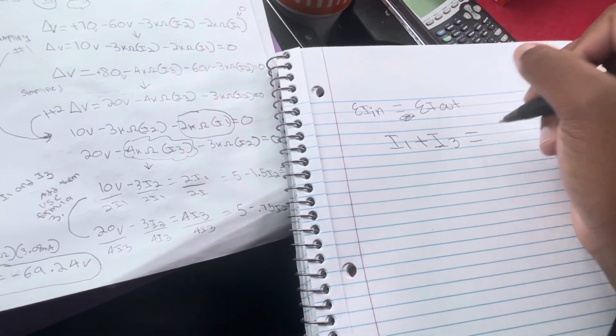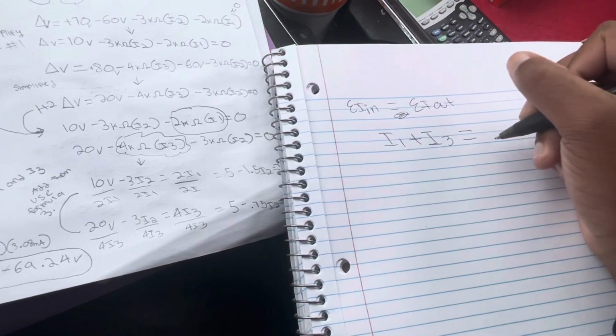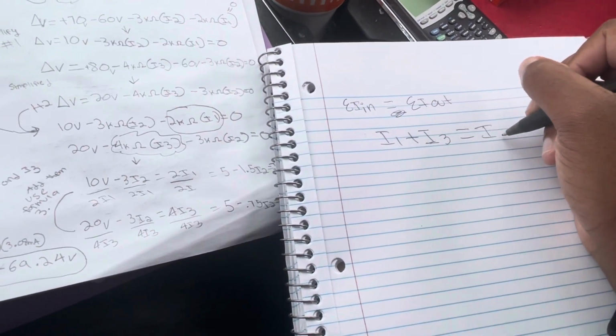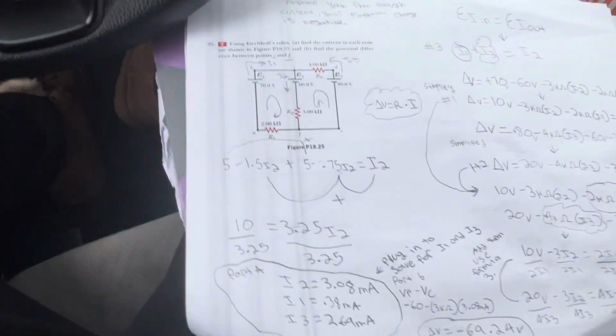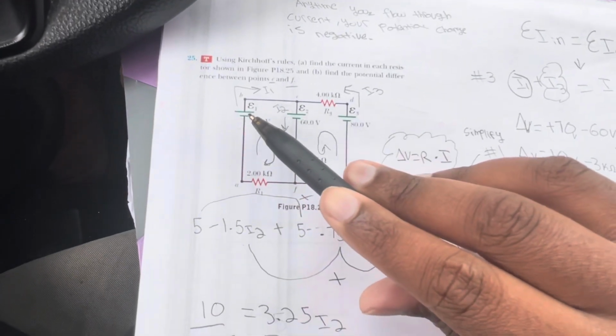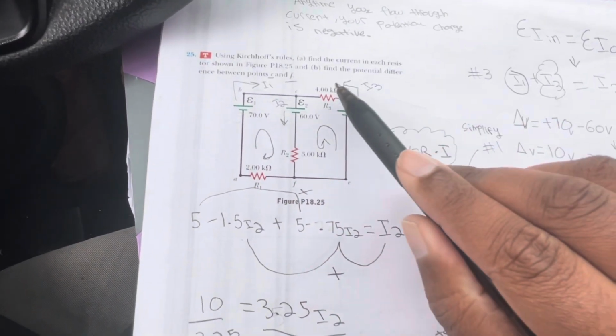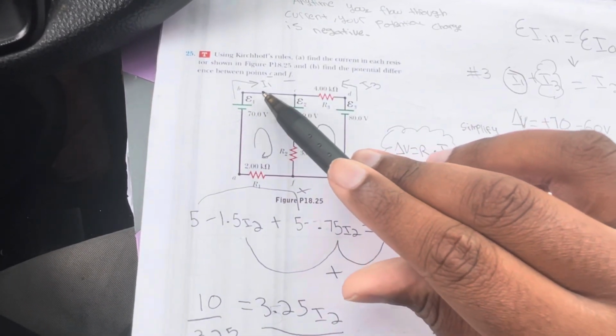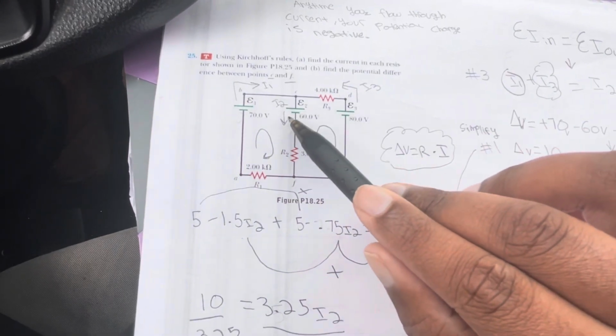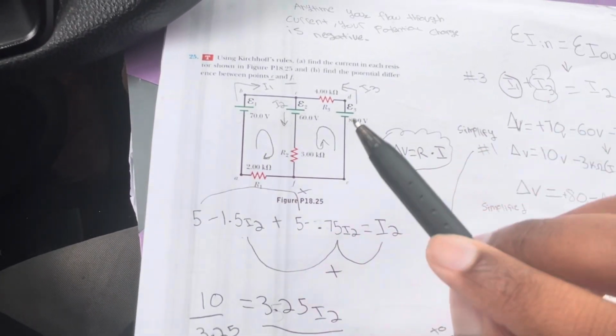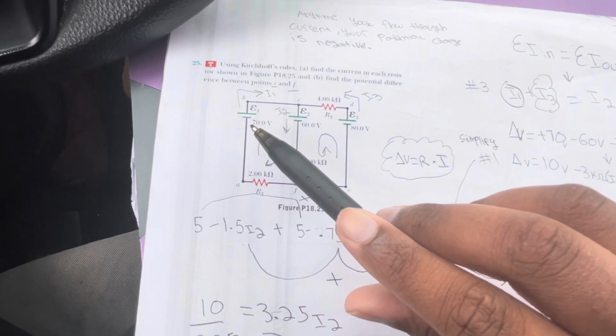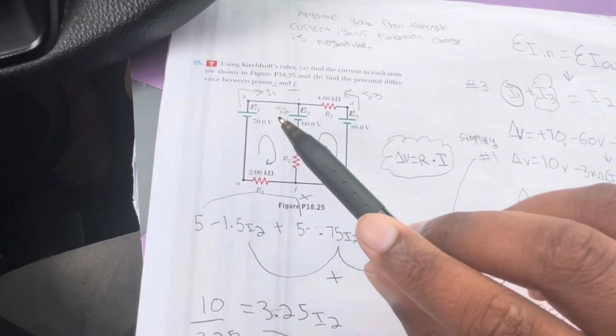And our equal would be our current out, which is I2. So current in, so I1 plus I3 equals I2. So now we need to find I1, I2, and I3.